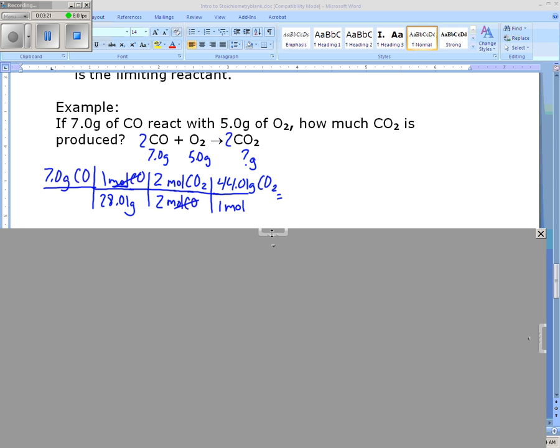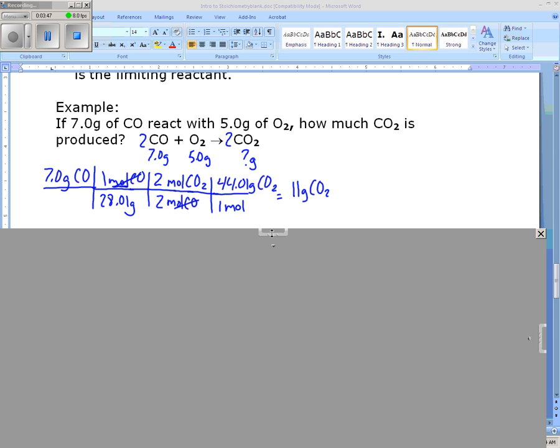Now it's everything on top multiplied together, divided by everything on the bottom multiplied together. And in this case, we get 7 times 2 times 44.01 divided by, and then all in one parentheses, 28.01 times 2. And I get, with 2 sig figs, 11 grams of CO2.